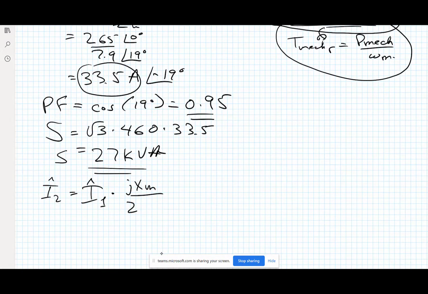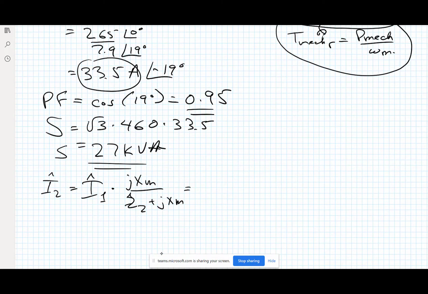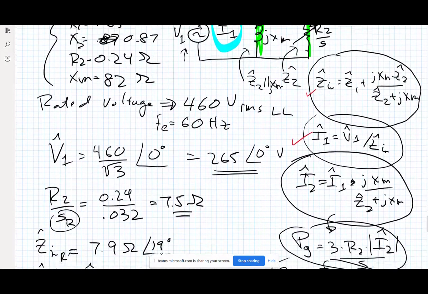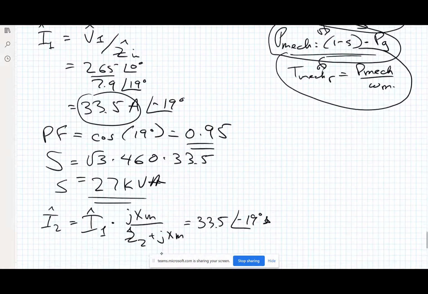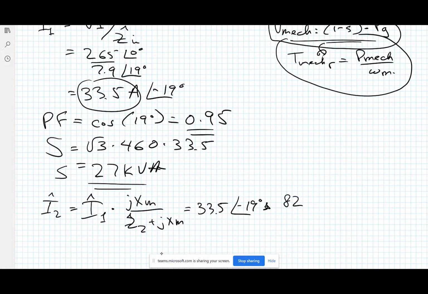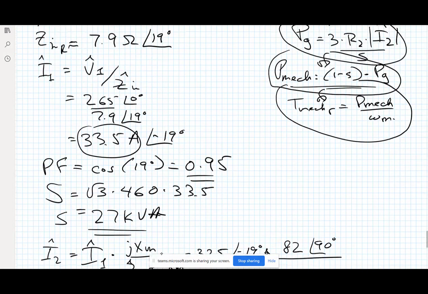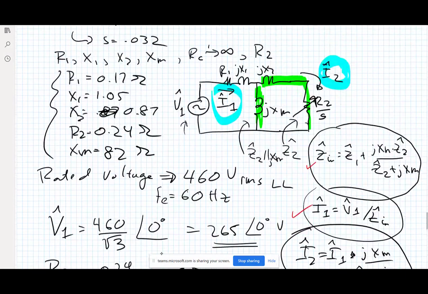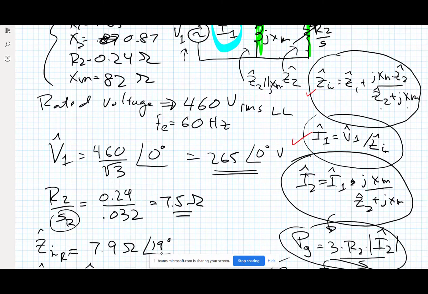I did this really fast, so we'll see if everything works out. So that's 33.5 at negative 19 degrees times the XM, which was 82 j, that's a 90, right? Now I have to divide by Z2 plus jXM.